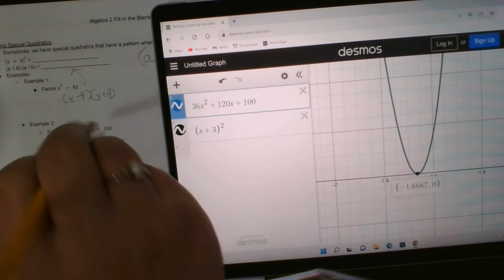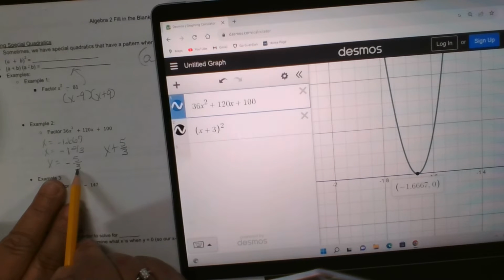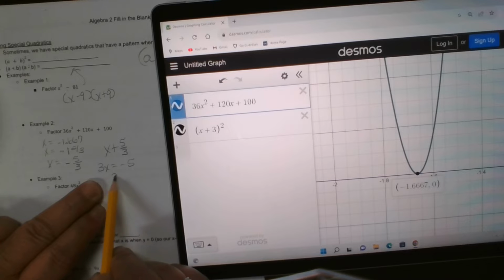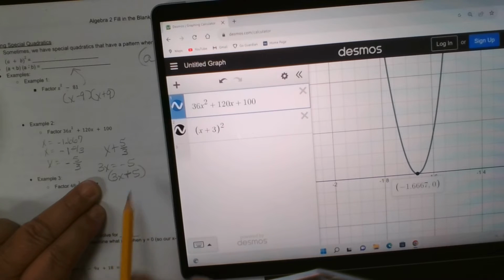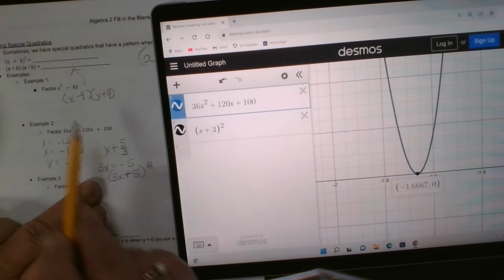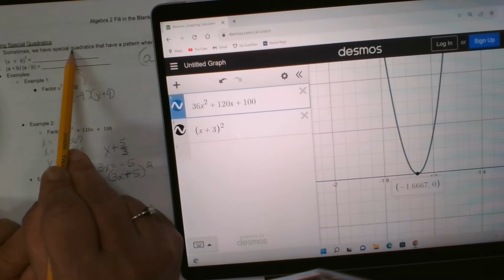Or I can multiply this to get rid of it and get 3x equals negative 5. Move that over and get 3x plus 5 as my factor. What happens here is that's a square.